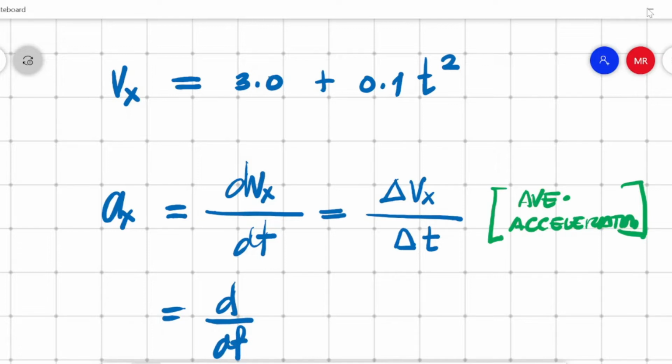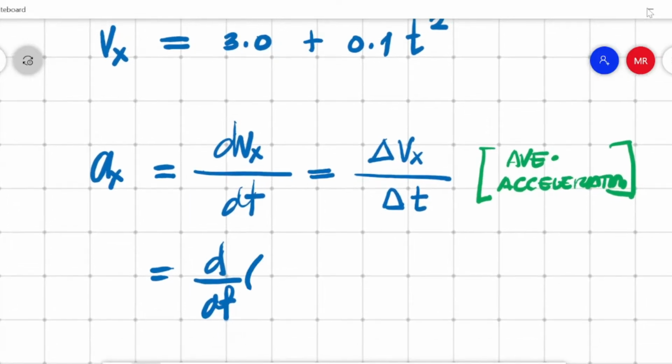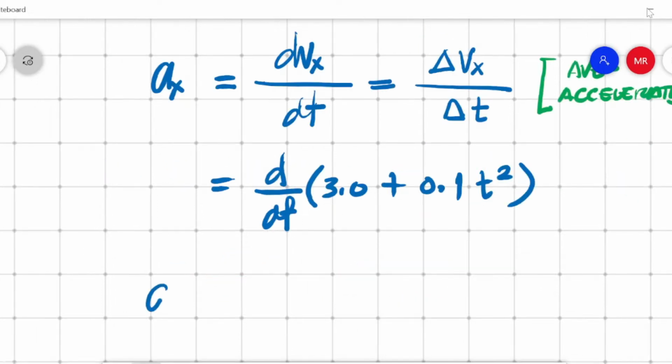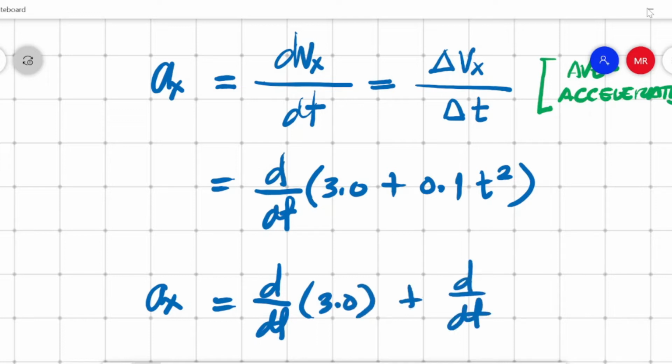of this function with respect to time. The function is 3.0 plus 0.1 t squared. Let's just distribute the differentiation so that we can simplify the dt of 0.1 t squared.